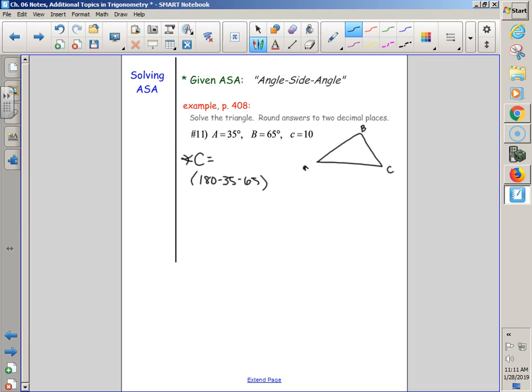I think we got 80 degrees. But after you find the 80 degrees, processing the information either in a picture or just written out, how would you start setting up or using law of sines?